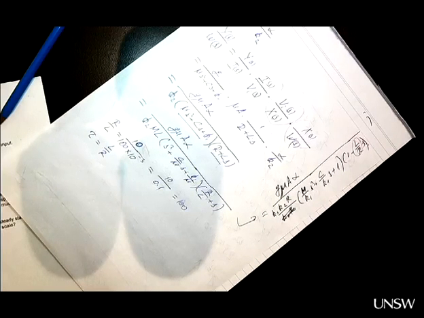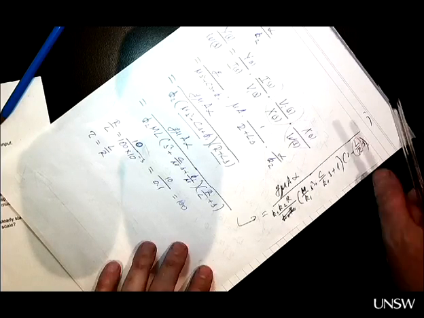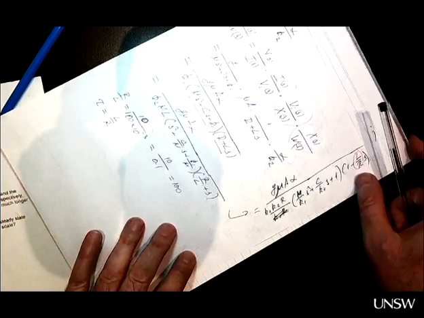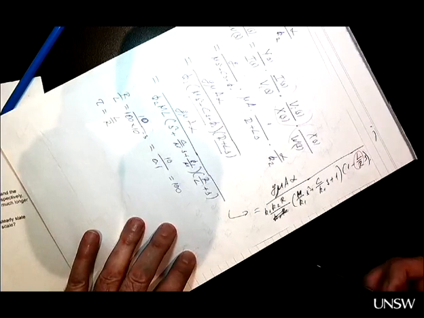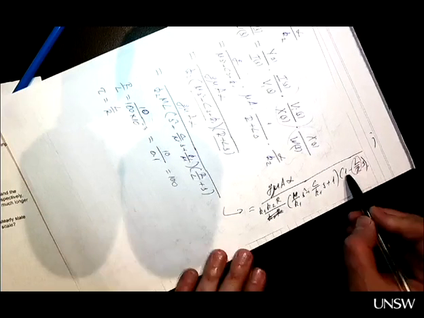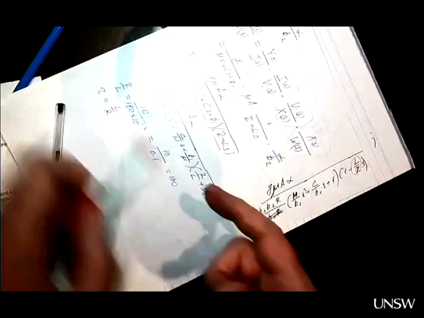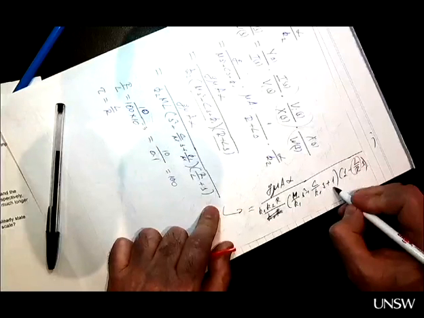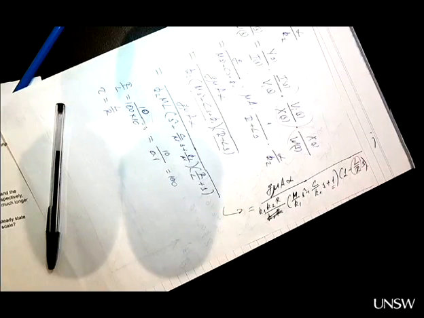Sorry, why? How do I know that this is the time constant? Because, first of all, I have 1 here and 1 here. So the coefficient with s to the power of 0 is 1. That is the definition of non-dimensional form.